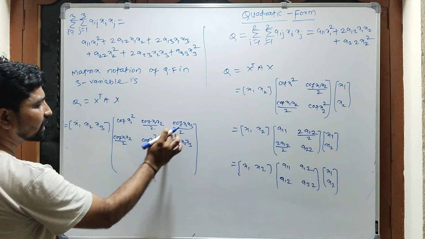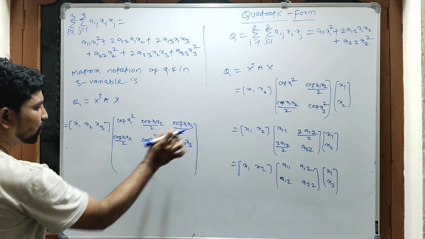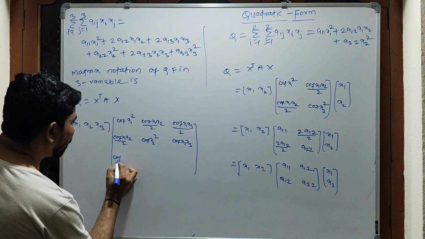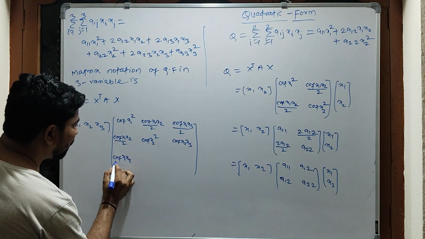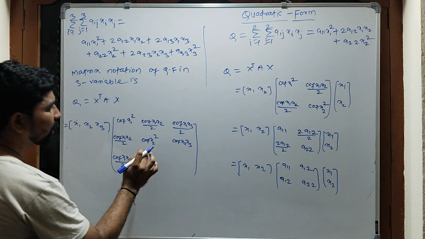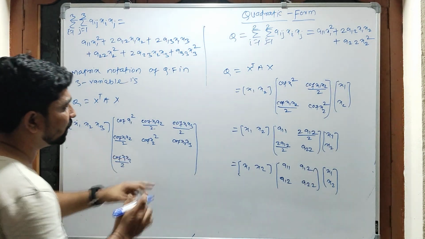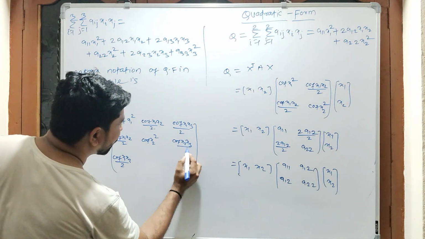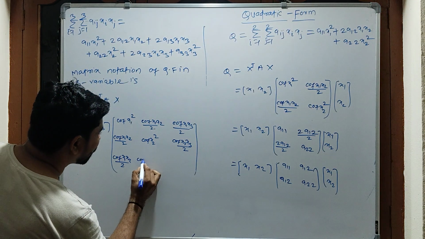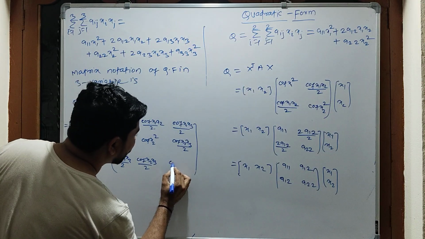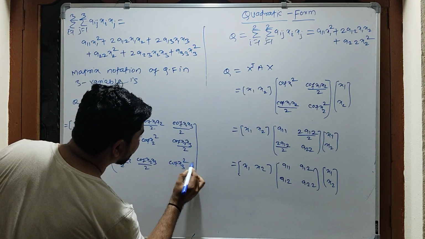Here a13 is same as a31, so write the same, coefficient of x1 x3 divided by 2. Now this is the a32 position. a32 is same as a23, so this is coefficient of x2 x3 divided by 2. And this is coefficient of x3 square.